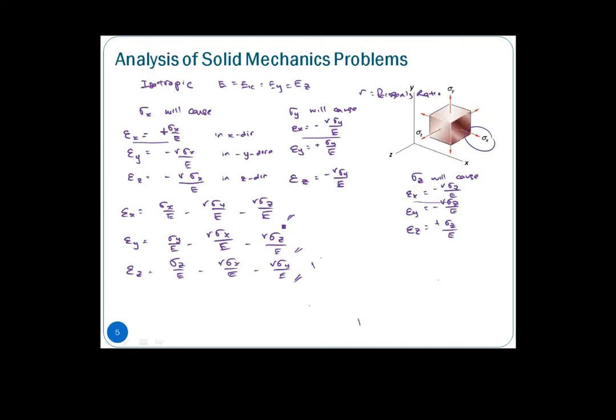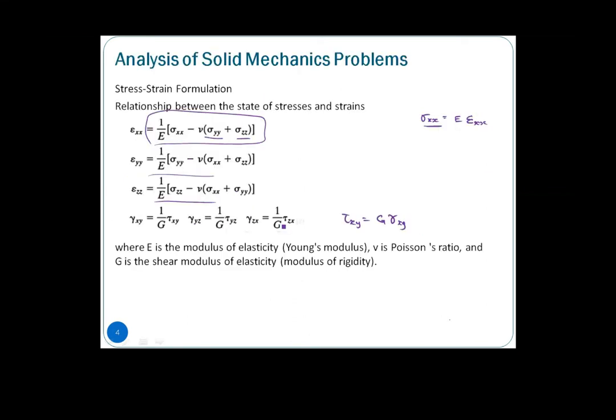Okay, so then we also have the relationship between the shear modulus that we have just now, this G and E itself. We also learned that G equals E over 2(1 plus v). All right.